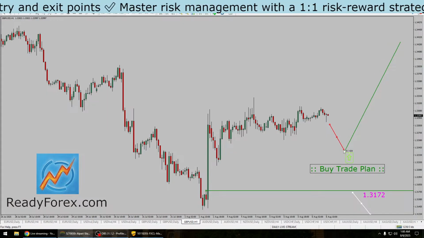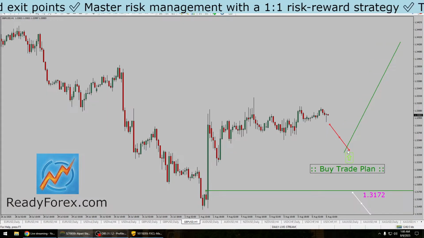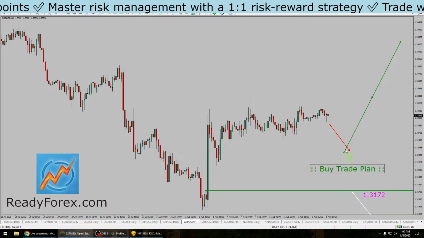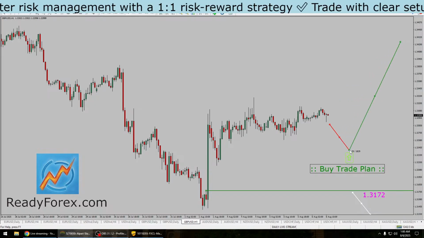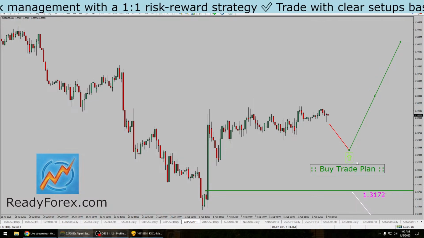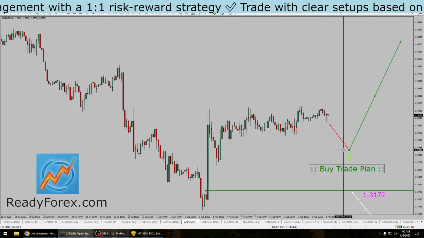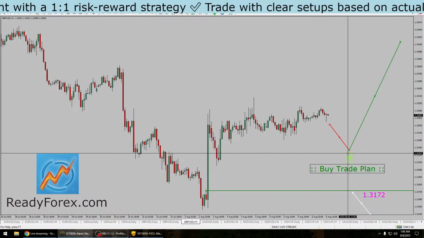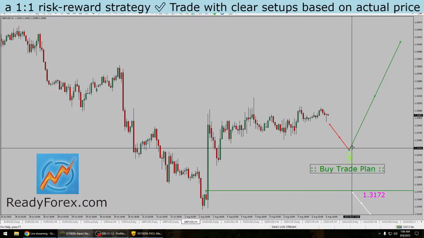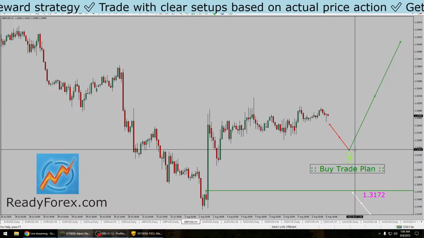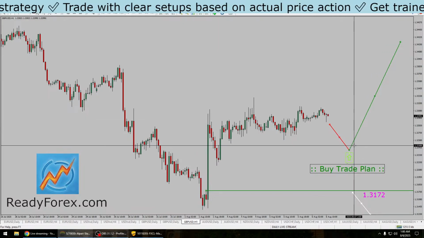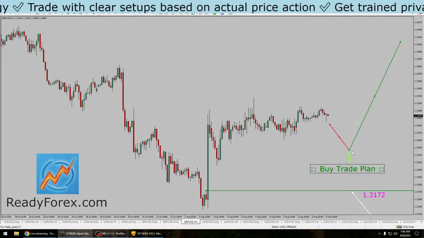So pound dollar, I'm looking for a bearish pullback situation. I'm waiting for the price action to retrace, and then from these lows, if I get a reaction in the market, like market hit this level and then tries to bounce back up over here, that would be a good idea to look for a potential buy trade over here.